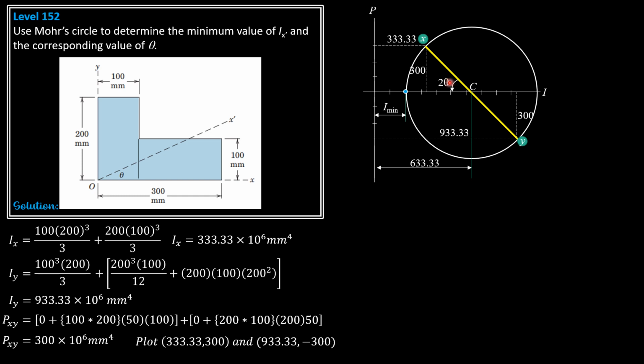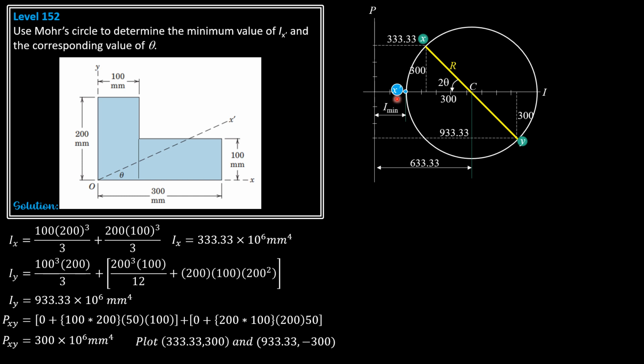So this angle here is supposedly 2 theta, and the horizontal base is 633.33 minus 333.33, and that is 300 also. So obviously, if the opposite and the adjacent sides are equal, the value of 2 theta would be 45 degrees. And of course, from this point X to the center of the circle, that's the radius of the circle, and it is equal to the square root of 300 square plus 300 square.